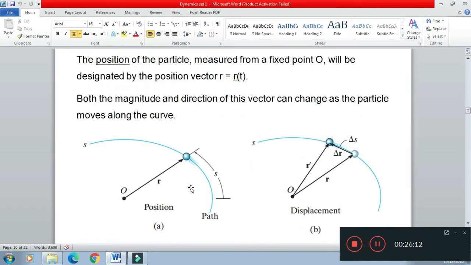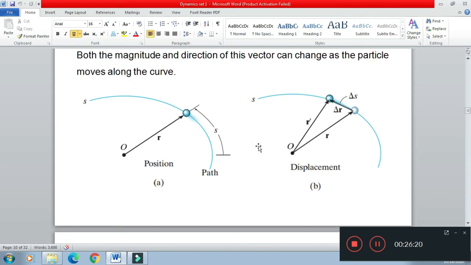The magnitude as well as direction of this vector will change with the passage of time. So position vector is a function of time. Suppose this is the initial location of the particle. After some time the particle reaches up to here. Initial position vector is r and the final position vector is r dash, and the difference of the two vectors is delta r.